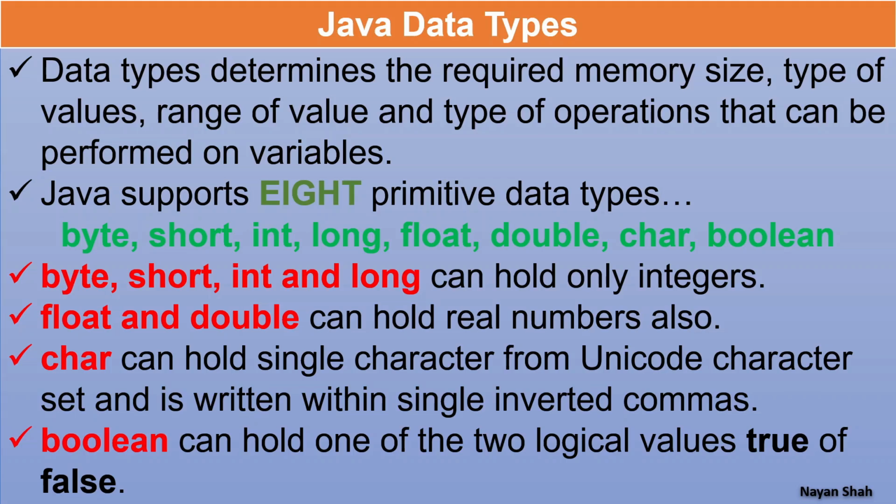So the range of values which can be stored in these four is different, but they can hold only integer values, no number with a decimal point. So if you want to store 1.25, none of these can be useful.